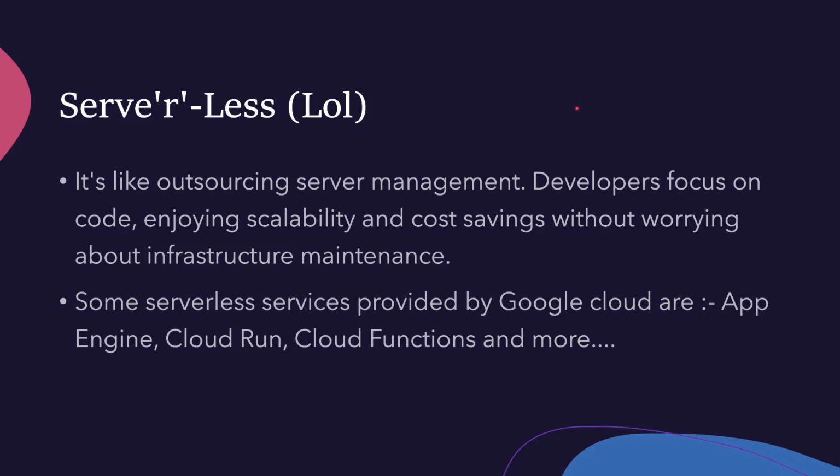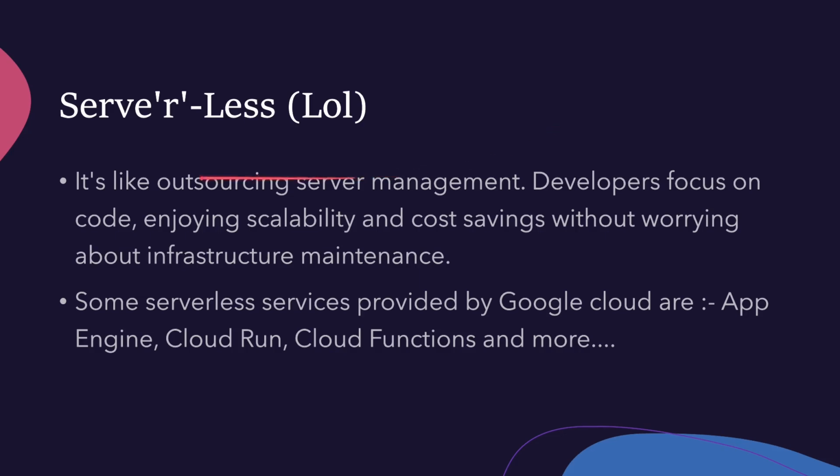Let's take serverless as more like a plug and play kind of system where developers can write their code. The main focus of the developer could be writing good code, and leaving everything else on GCP, like managing infrastructure, configuration and every other thing. Some serverless services provided by GCP are App Engine, Cloud Run, and Cloud Function.